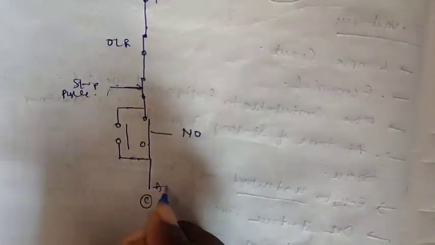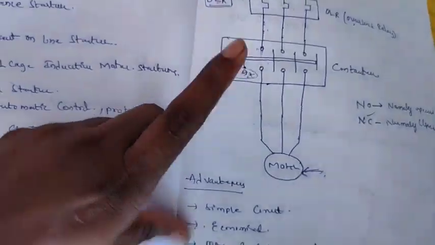After that, one coil A1 A2. This one is phase, this one is neutral, this one is the control circuit. Control circuit means here I am putting A1 A2. This A1 A2 has connections like that.